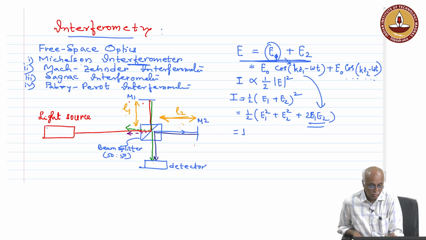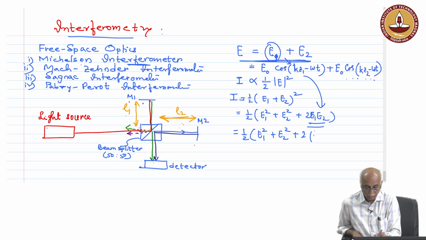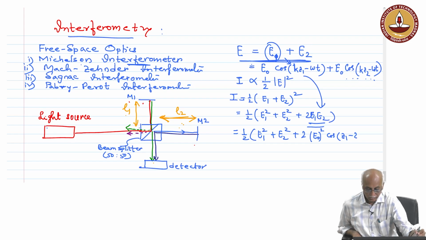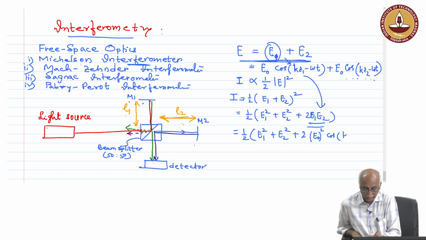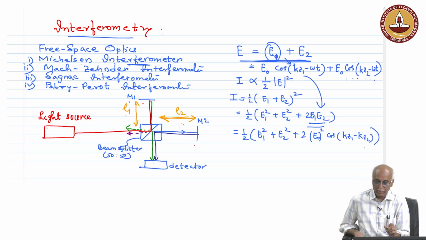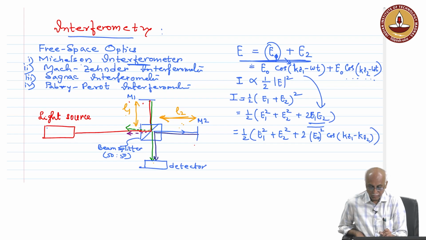So half E1 squared plus E2 squared plus 2 E0 squared cosine of kz1 minus omega t times cosine of kz2 minus omega t.